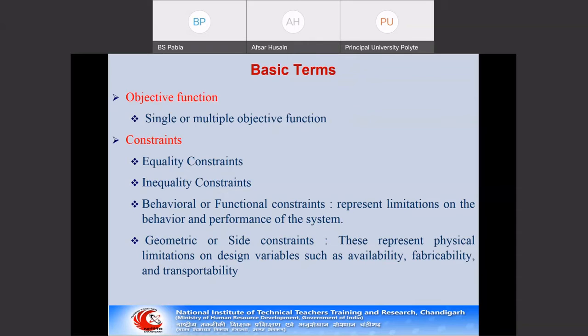If you write 2x plus 3y is less than 5 or more than 5, it becomes an inequality constraint. Then behavioral or functional constraints are limitations on the behavior and performance of the system, how the system behaves. At the same time, side constraints represent physical limitations on design variables such as availability, fabricability, and transportability.